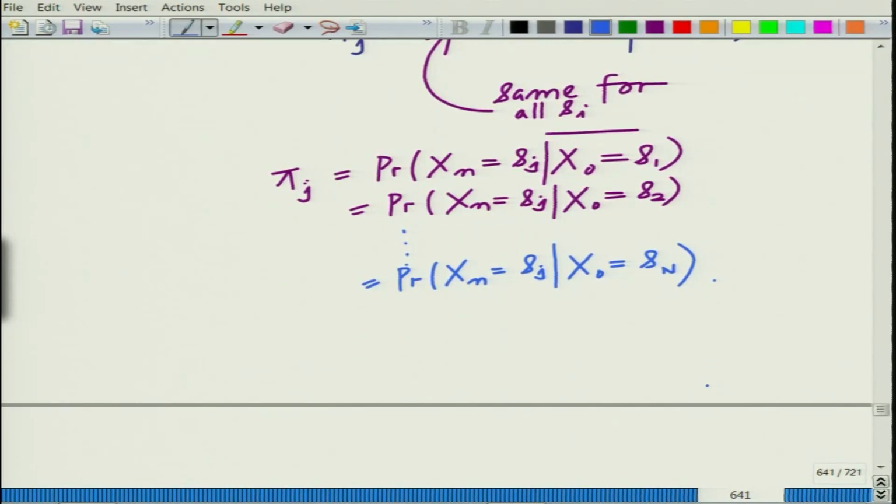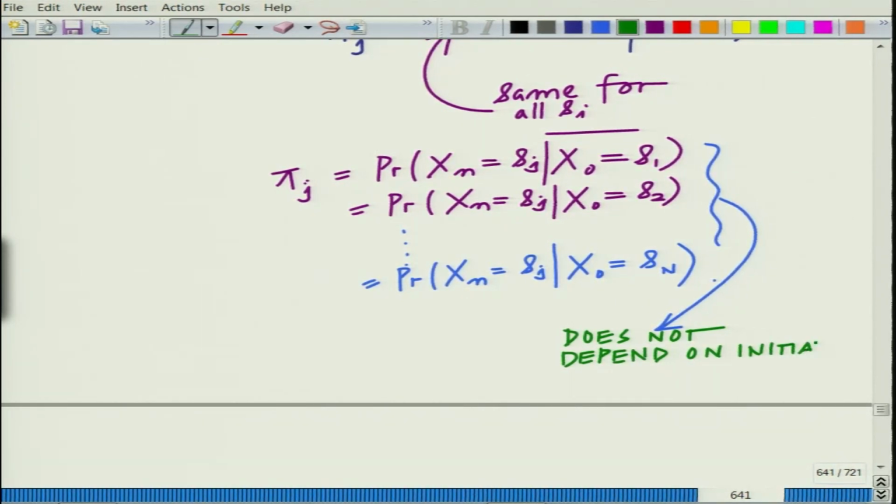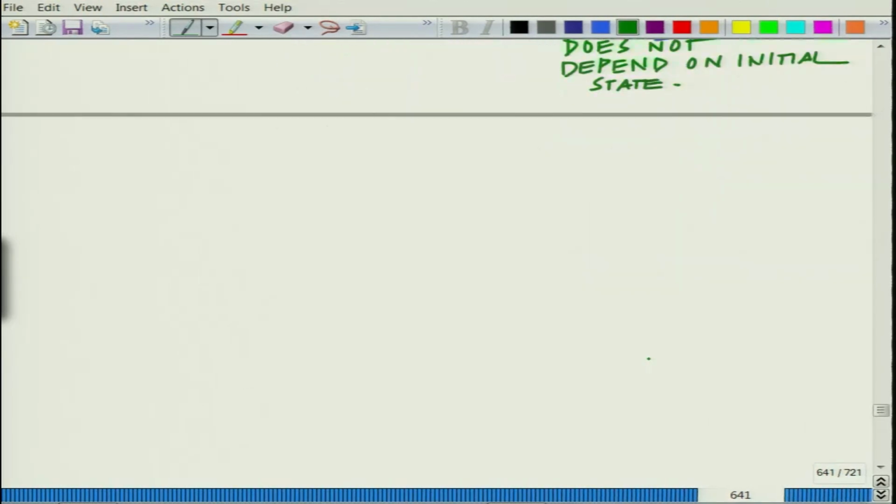So, essentially this does not depend on the initial state.